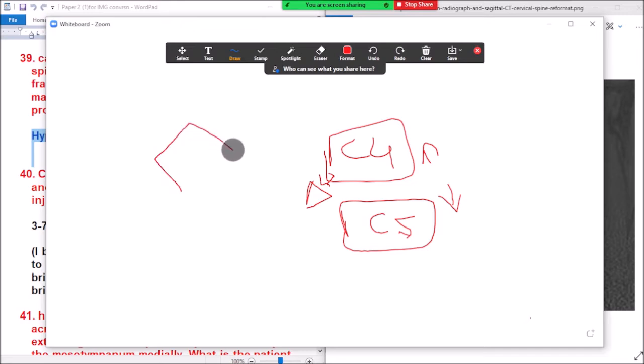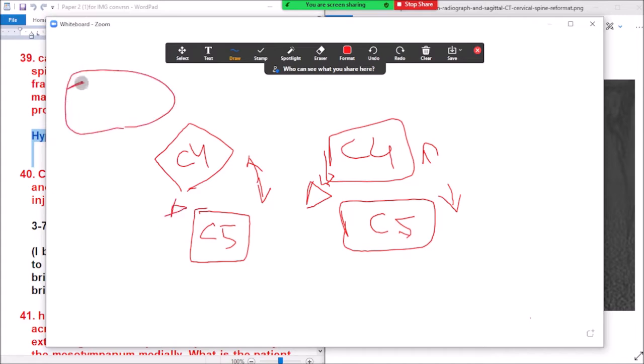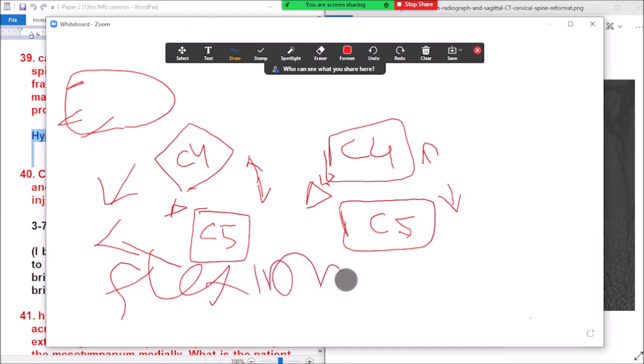And there's a bone fragment over here, triangular bone. So this goes into flexion, this is flexion, hyperflexion. If it went this way, then it would be hyperextension.